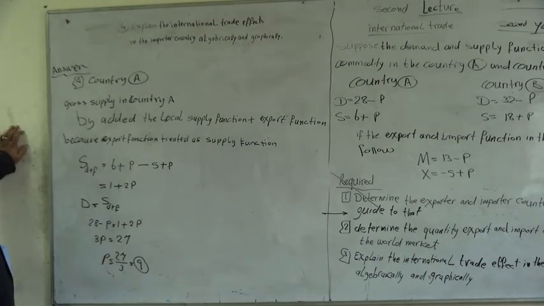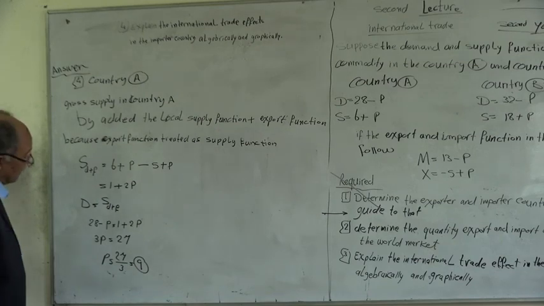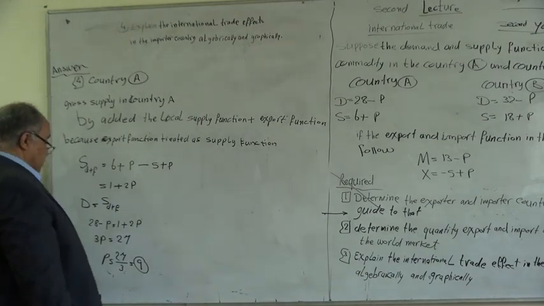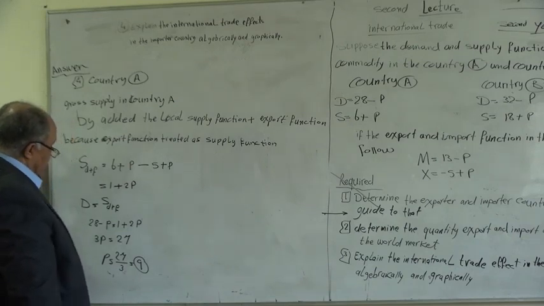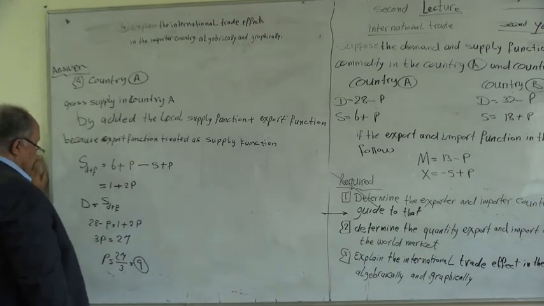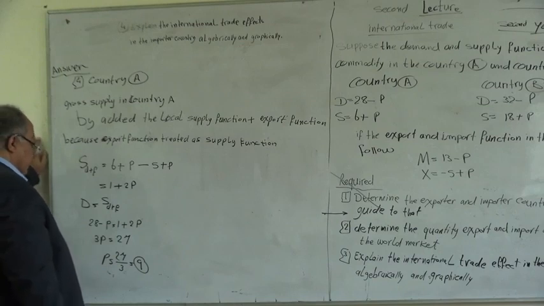This means country A before trade had a price equal to 11, but after international trade the price is lowered from 11 to 9.